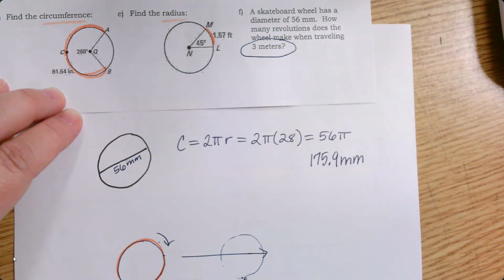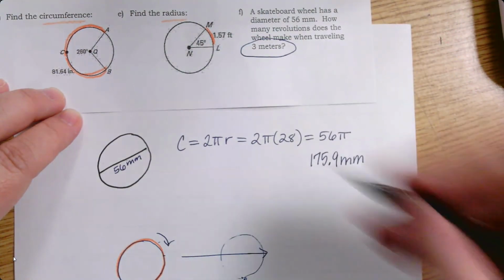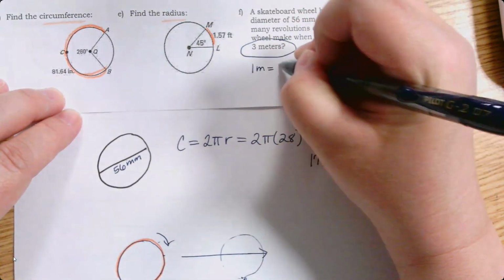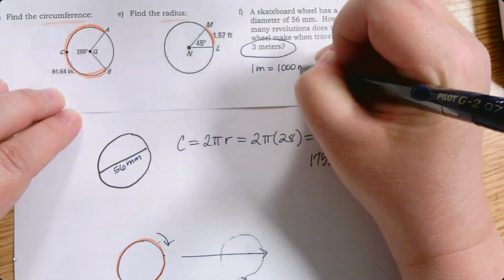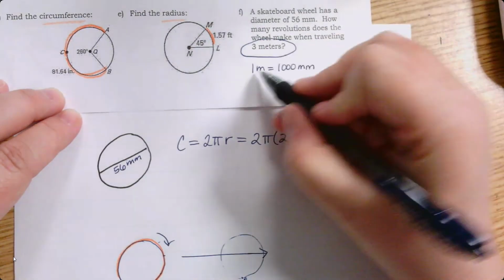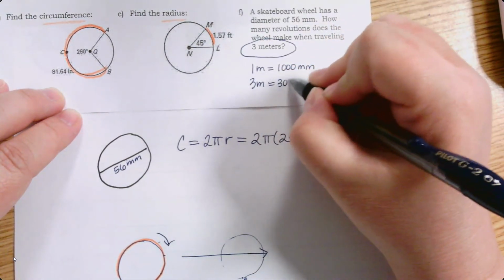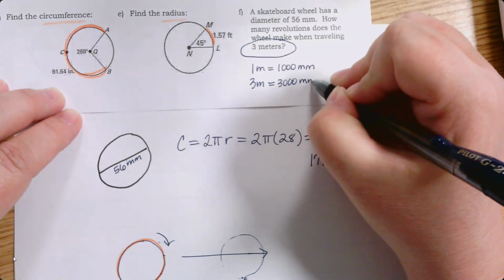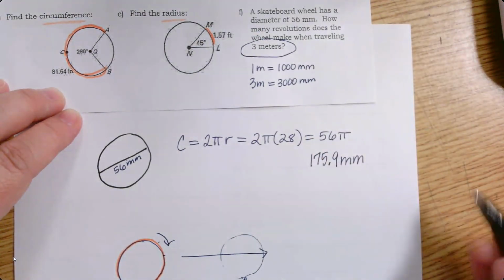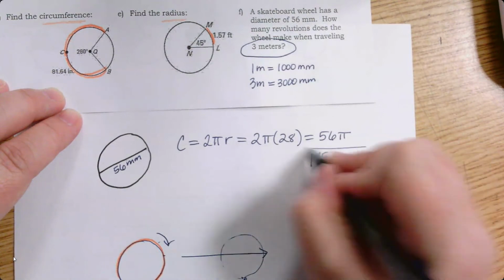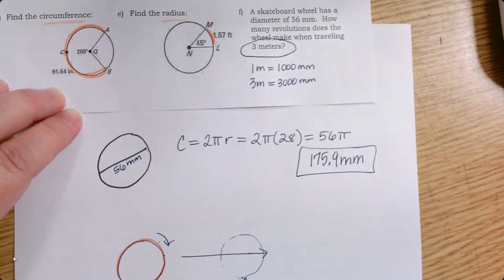Each 1 meter is 1,000 millimeters. So 3 of these would be 3,000 millimeters. So we want to know how many times this number, the circumference of the circle, goes into 3,000.